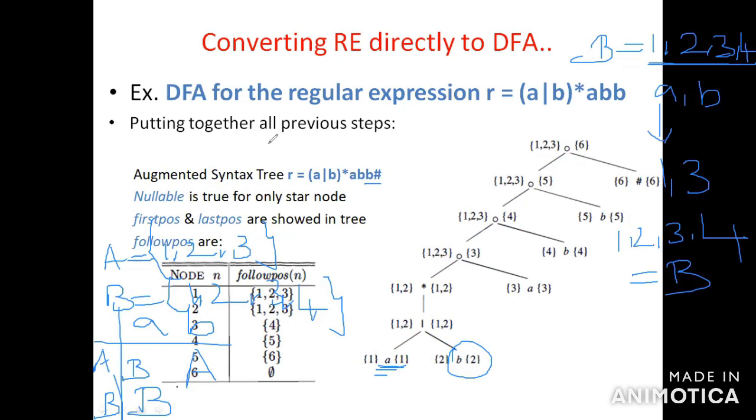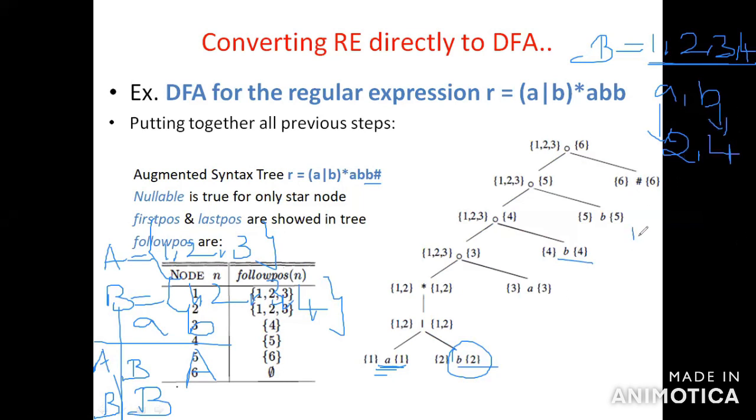Okay, B. Now you can go to the input symbol b for B. For the position of state B, what are the positions of input symbol b? 2 is b, 4 is b. So you can write 2, 4 for b. What is the follow position of 2?